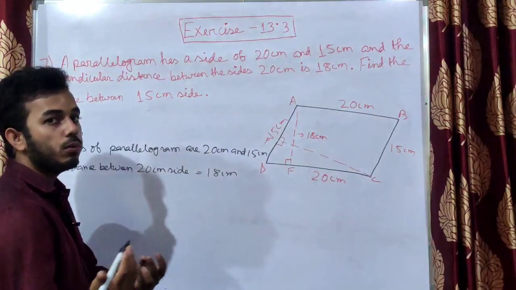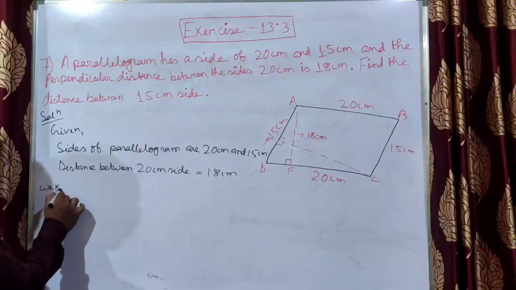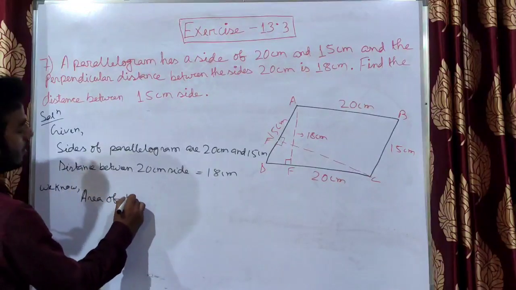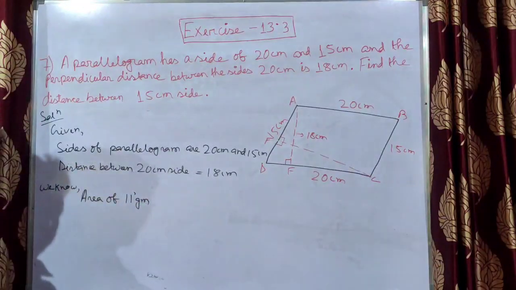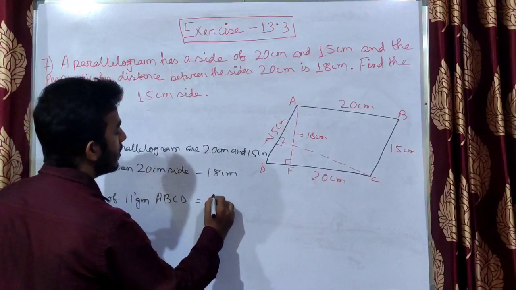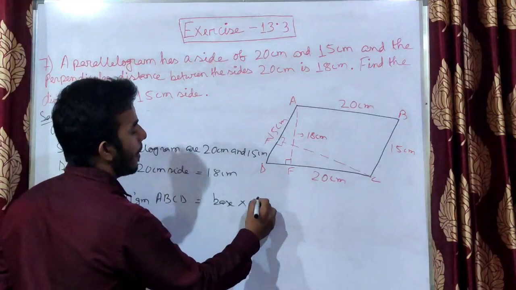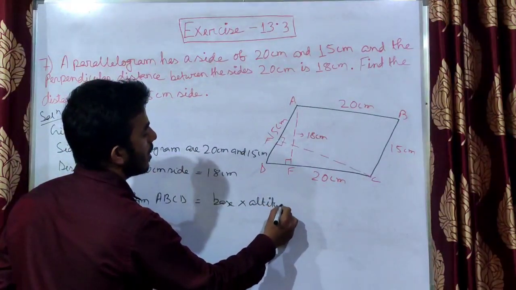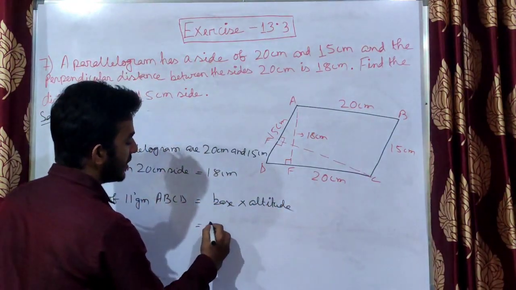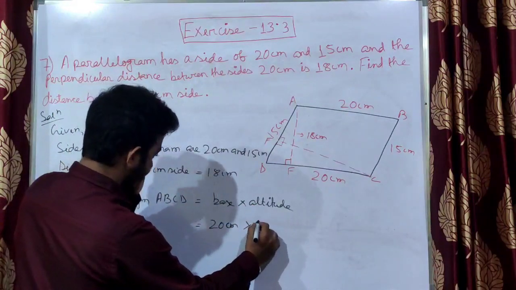So first of all, we will find the area of the parallelogram. We know the area of parallelogram ABCD equals base into altitude. Here, in the first case, base is 20 centimeter and altitude is 18 centimeter.